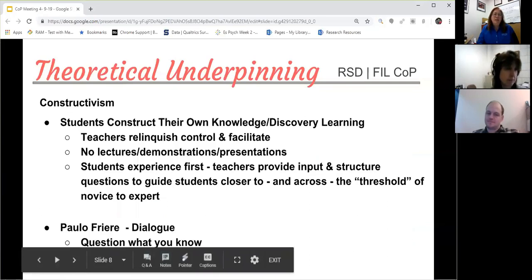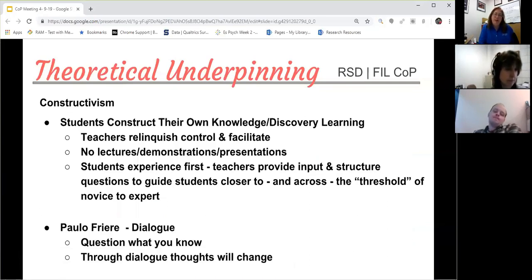So as we take a look at moving forward, there are some underpinnings to the method that we should talk about. And I don't know if you folks are familiar with these theories, but there's a number of them out there. But constructivism is this idea where people construct their own knowledge, and teachers become facilitators and start to relinquish control of their classroom.